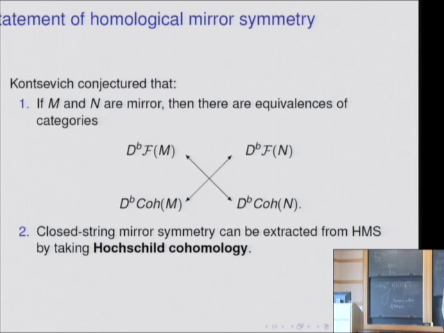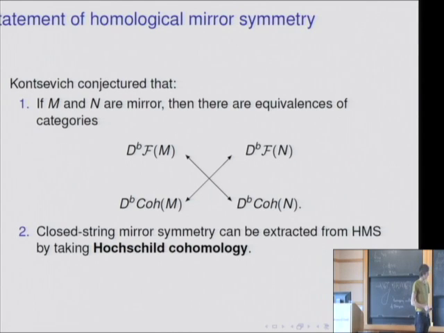So we've got our A model here, our Fukaya category. It's equivalent to our B model of the mirror manifold N, and vice versa. And it turns out you need to take bounded derived categories to have a hope of there really being an equivalence of categories like this.